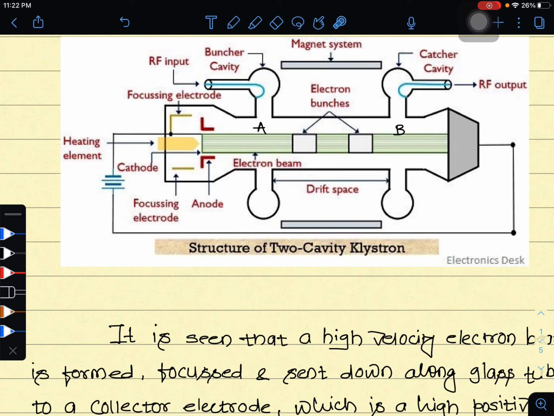Okay, now another point related to the frequency as well as the amplitude.